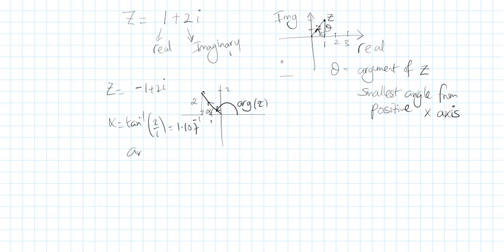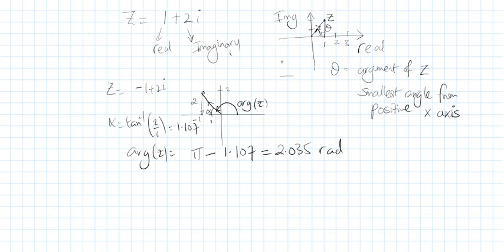However, the argument of z is the whole angle of the straight line, which is pi, minus 1.107, because this is 1.107. So to get the argument, you do the whole angle, which is pi, minus this small angle, which is minus 1.107, and you get 2.035 radian. So this is what you would do if the complex number was found in the second quadrant.